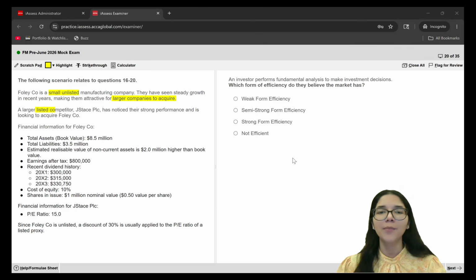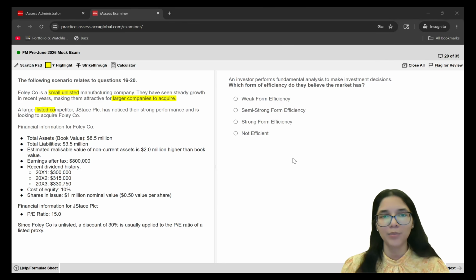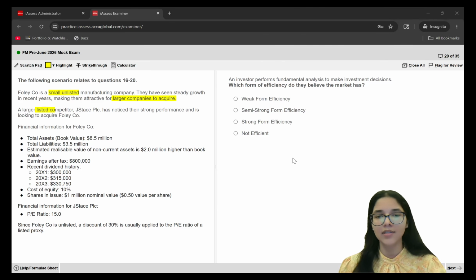If you remember when we were studying our concepts, first of all, in any market that is not efficient at all, there would not be any value of doing fundamental analysis. So that cannot be my answer. Strong form market already includes public as well as private information. So fundamental analysis cannot help me beat the market in the strong form market as well.